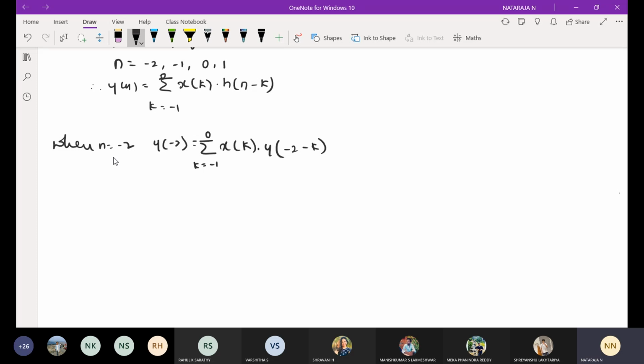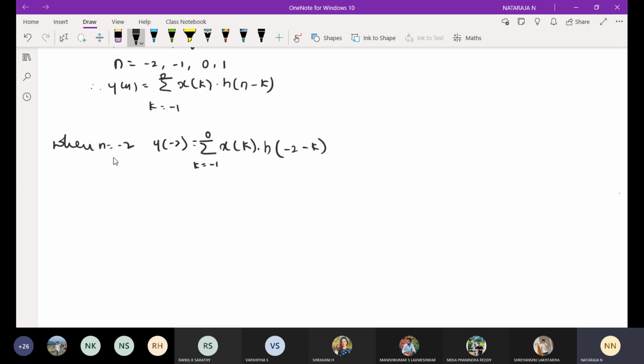Yes, sir. Now split the summation. First put x of -1, h of -2 minus of -1. Again you will get h of -1.